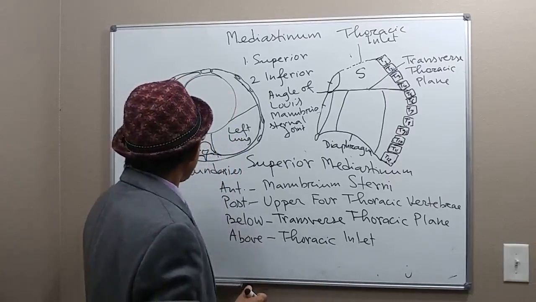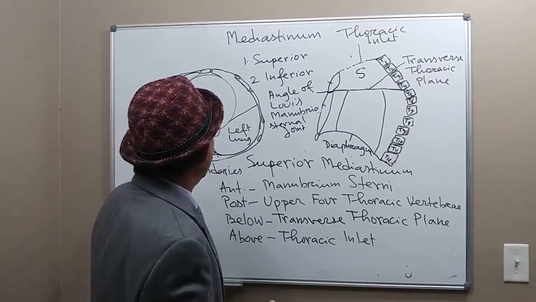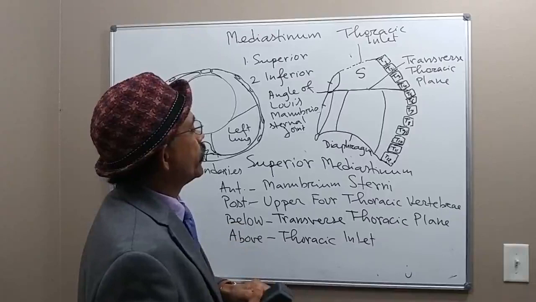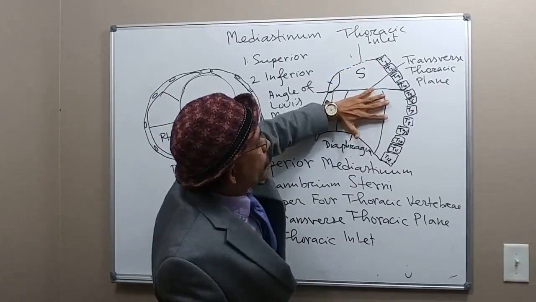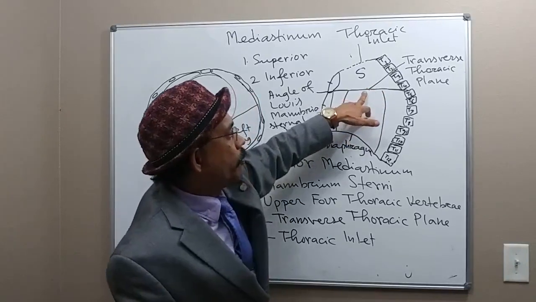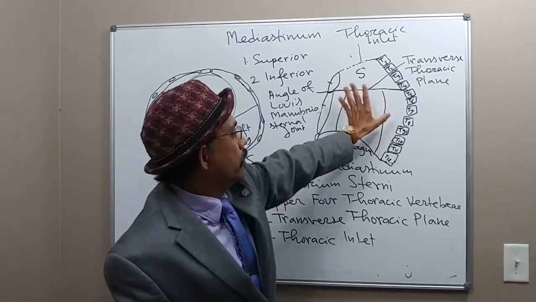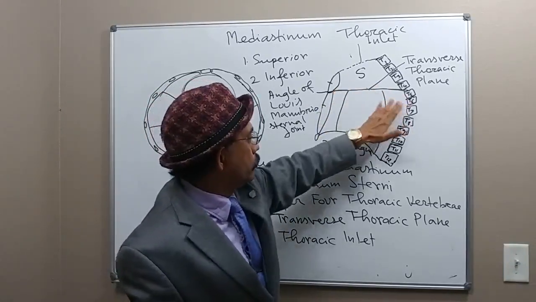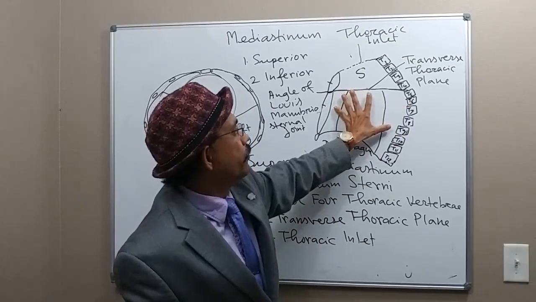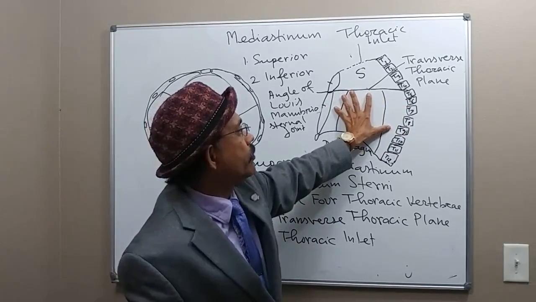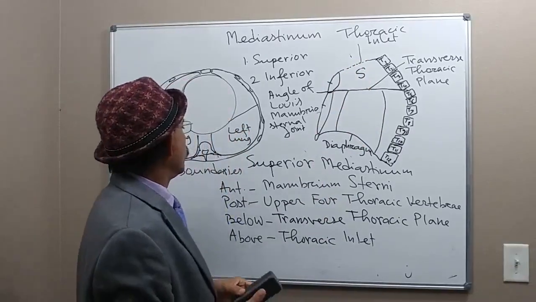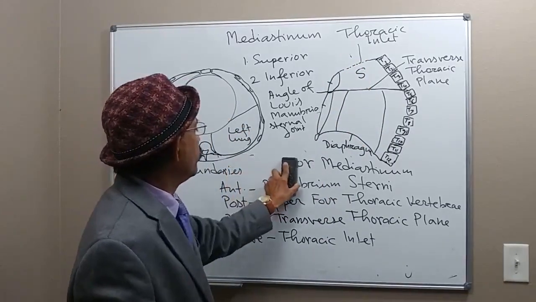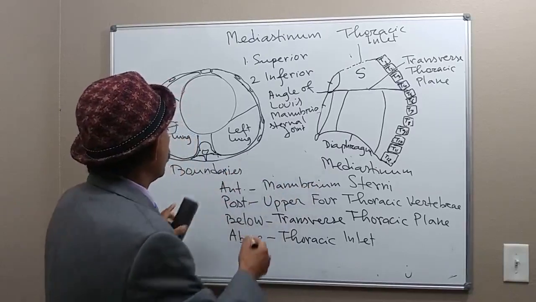Now we have to find the boundaries of the inferior mediastinum. This part is the superior mediastinum. The entire part below the transverse thoracic plane is together called the inferior mediastinum. Now we'll go to the boundaries of the inferior mediastinum.